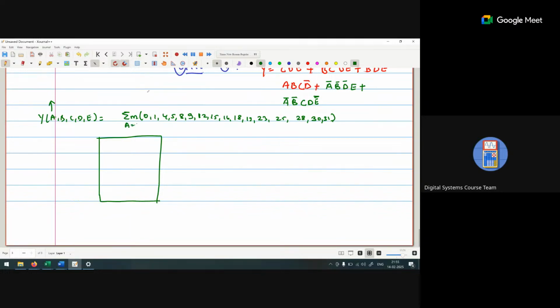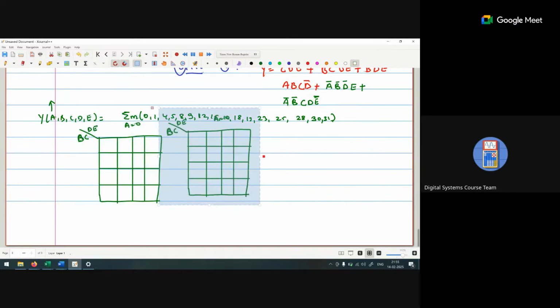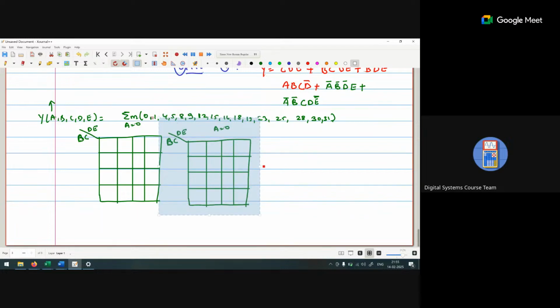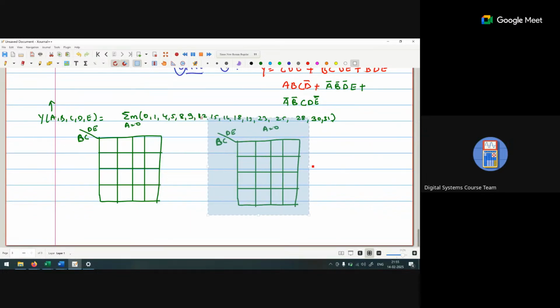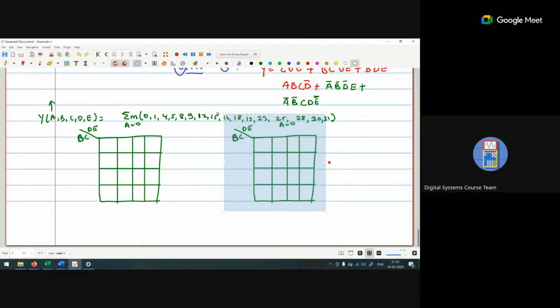So first, A is equal to 0, with B, C, D, and E. Now create a matrix for A is equal to 1.